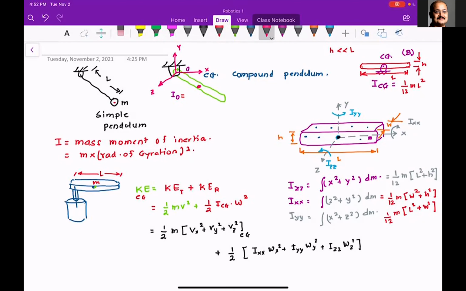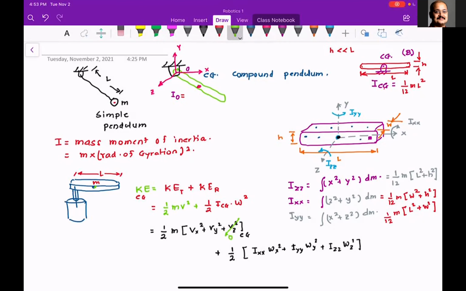Now I want you to tell me, I have X, I have Y, and I have Z. Do I have velocity in X direction for the center of mass for the compound pendulum? Yes or no? Yes. Do I have velocity in Y direction for compound pendulum? Yes. What about velocity in Z direction? No. Very good. So this guy goes away.